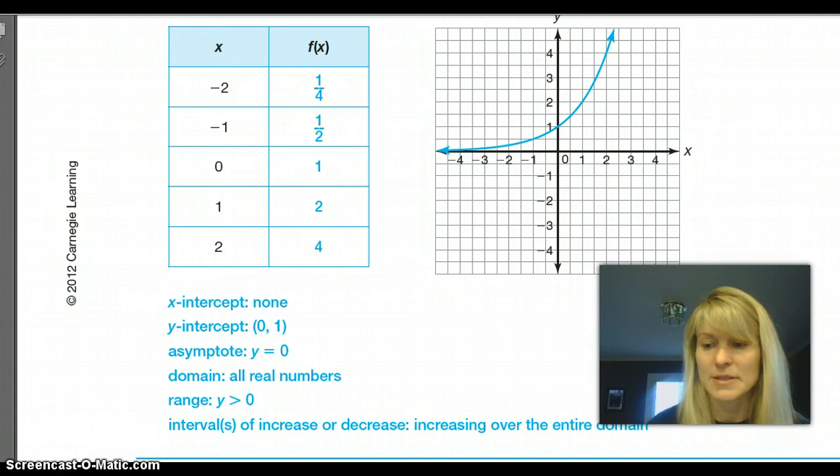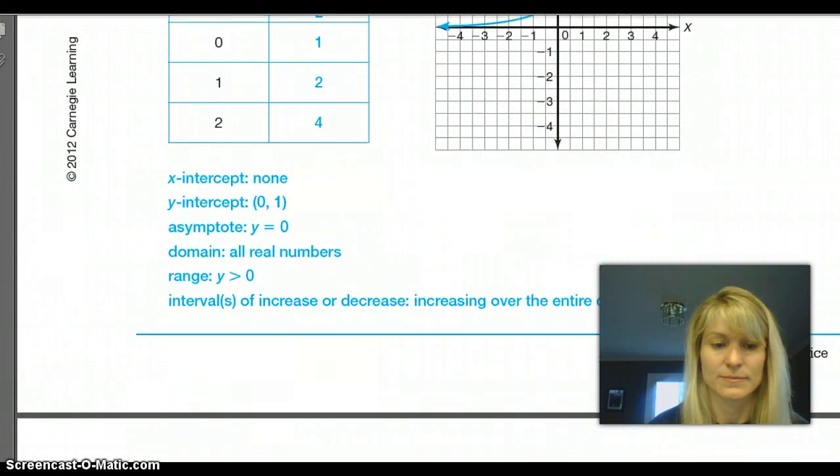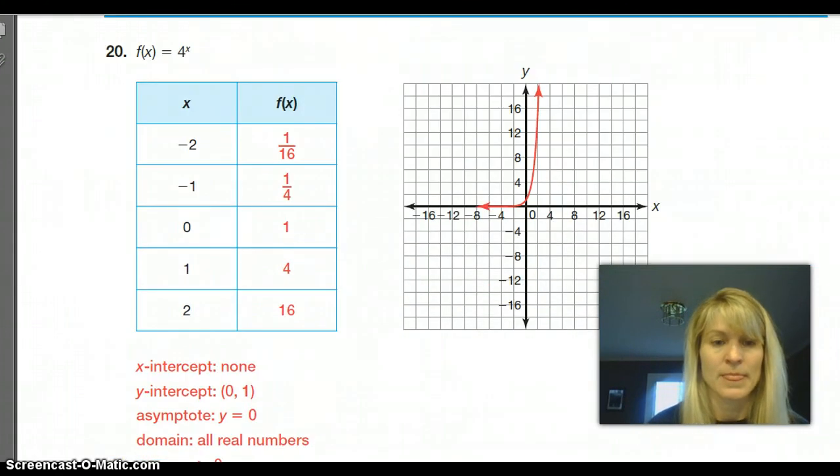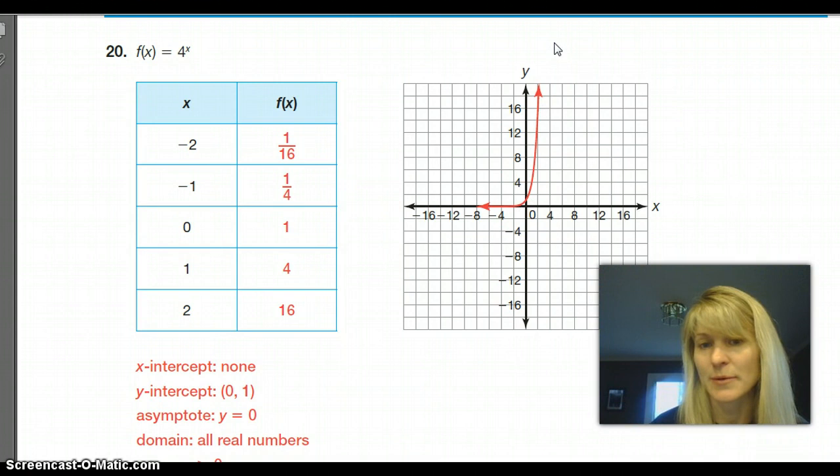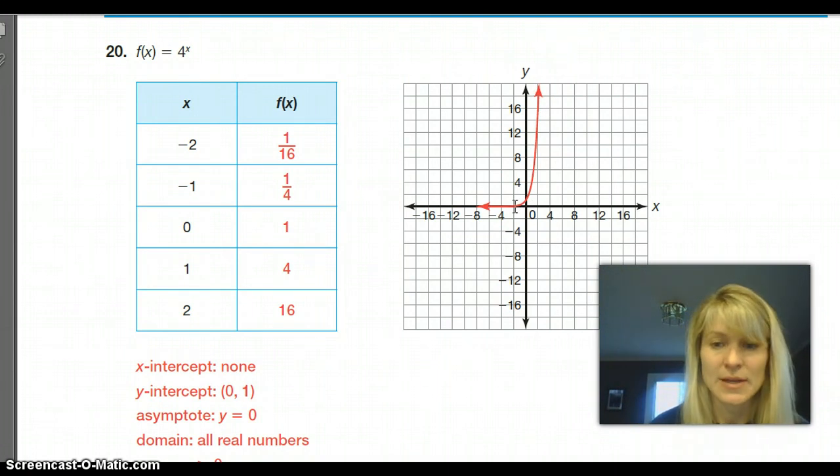If we look at another example here, this again is not a vertical asymptote because again it's increasing without bound. It kind of keeps going this way, this way, this way. This, however, is hugging the x-axis again and never quite passes it.